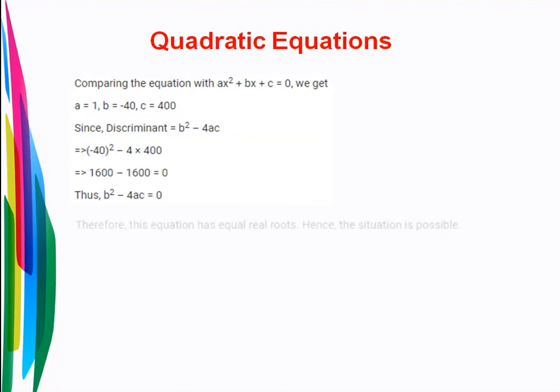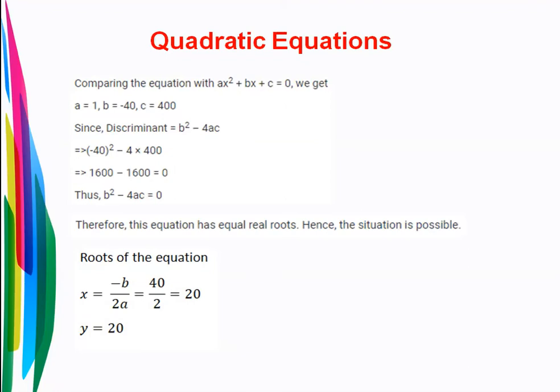So the equation will have equal real roots and the situation is possible. So what are my roots? I will find the value of x, which is minus b by 2a. So x is 20, y is 20. x and y are both equal because my discriminant is 0 and the roots are equal and real.